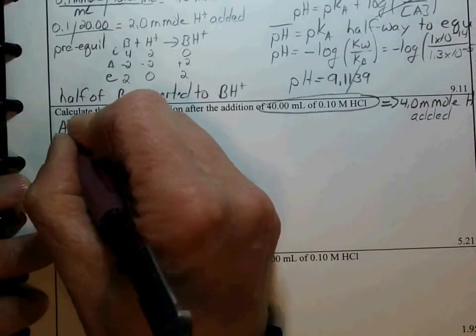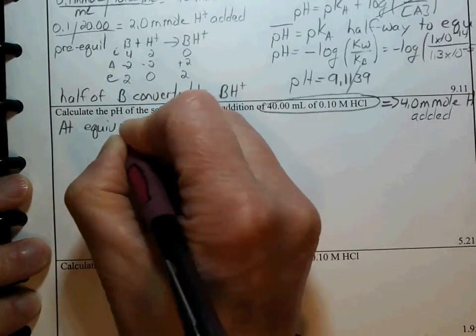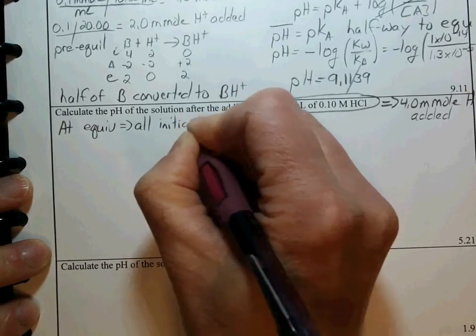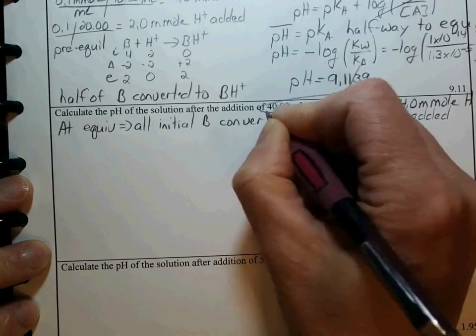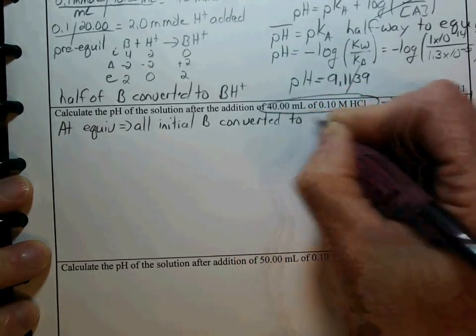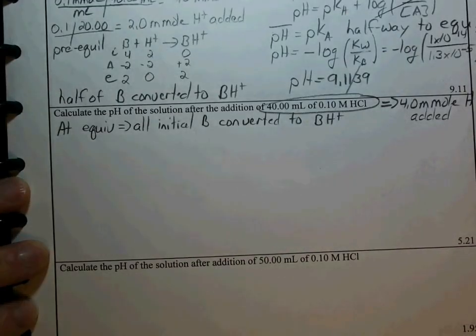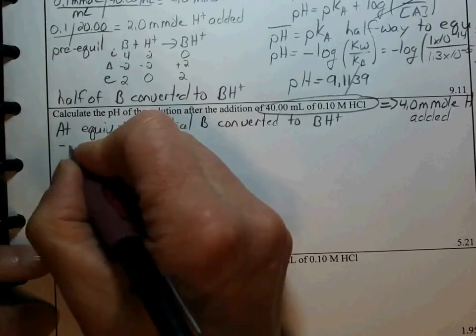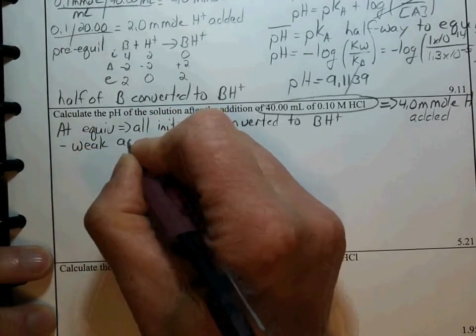So essentially we're at equivalence at this point. All of our initial base has been converted to its conjugate acid. So to determine the pH at this point, this is a weak acid calculation.